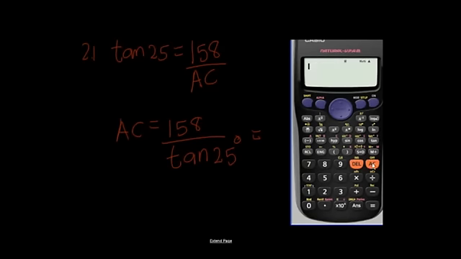What did we press wrong this time? 158 divided by tan 25. There, 338,83.